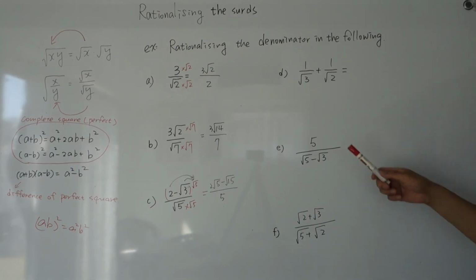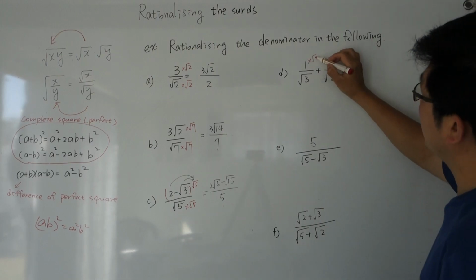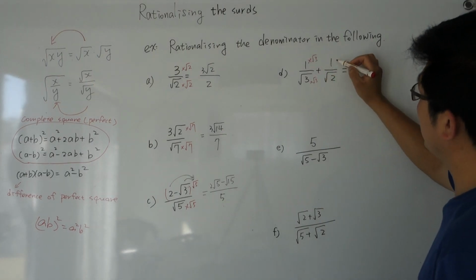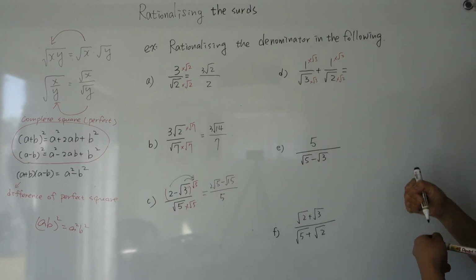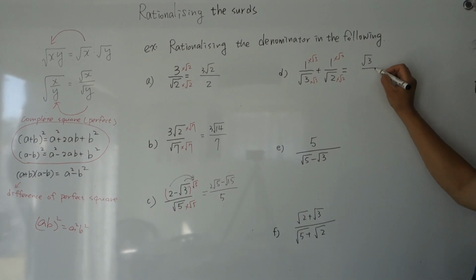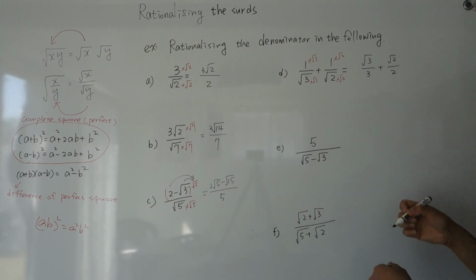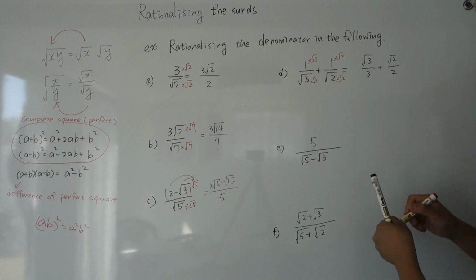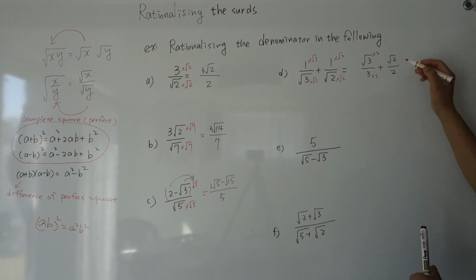Okay. Fraction addition. So we need to rationalize first. Times square root 3 over square root 3, and here times square root 2 over square root 2. So we become square root 3 over 3 plus square root 2 over 2. I want to combine the fractions, so how do we do it? Here times 2, times 2, to make the denominators the same.